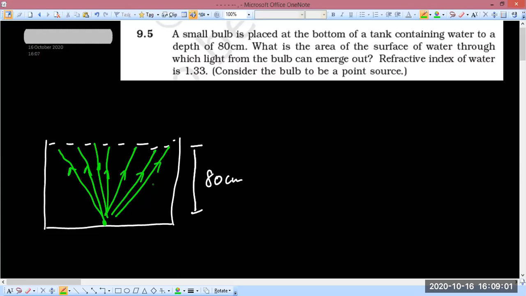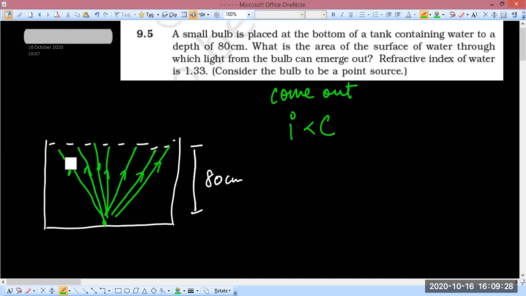But I think you do realize that only those rays can come out for which the angle of incidence is less than the critical angle.